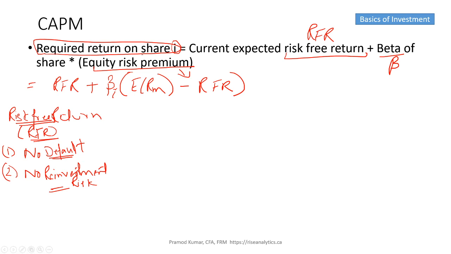In this video I'll show you Tesla and Walmart, whose tickers are TSLA and WMT, to compute their required return. These are US-based companies.